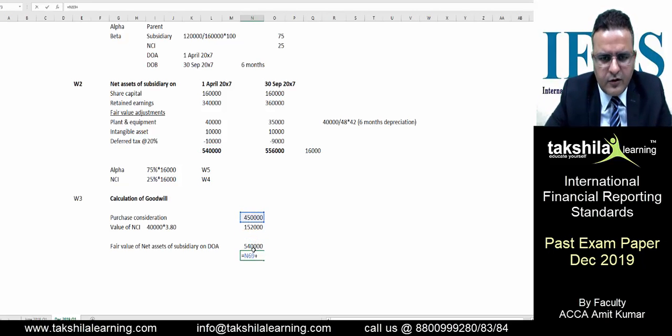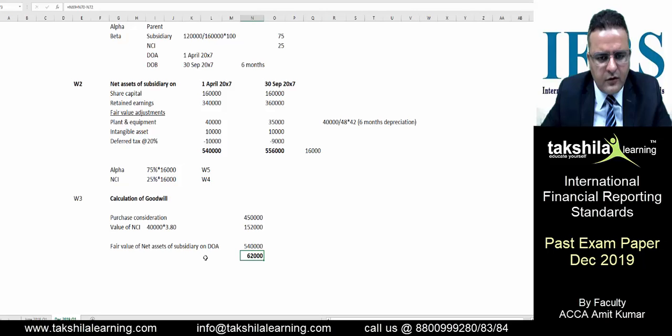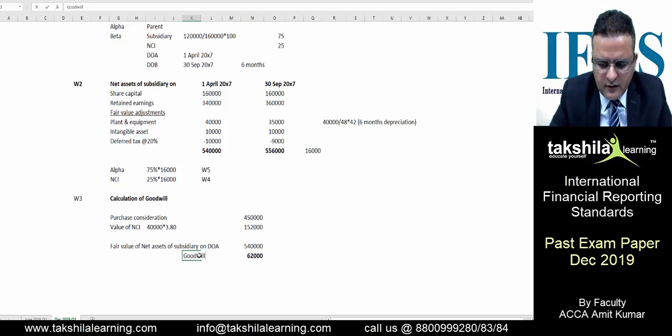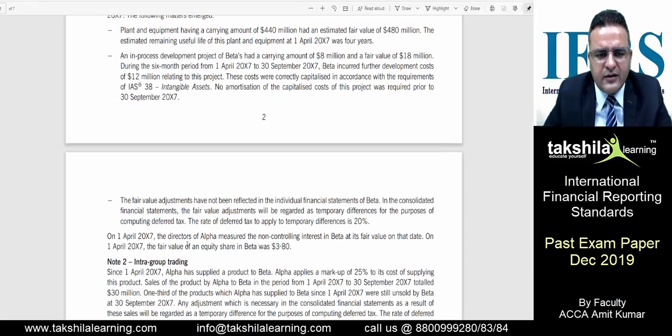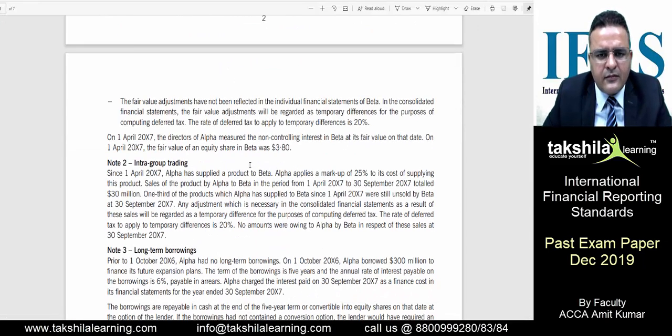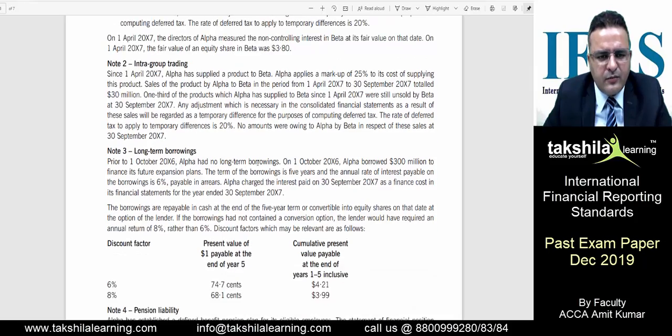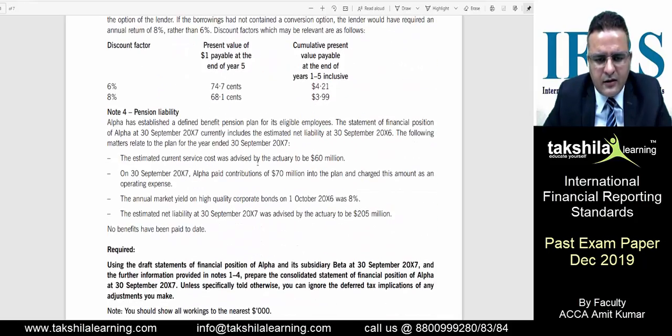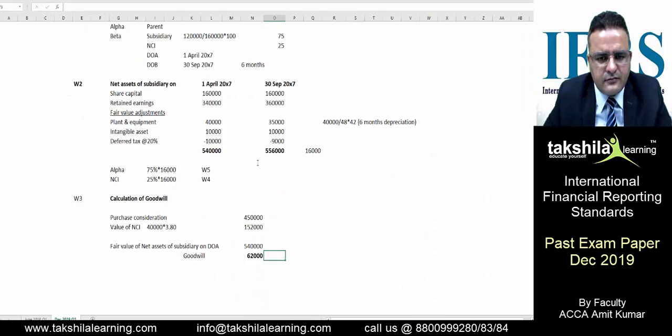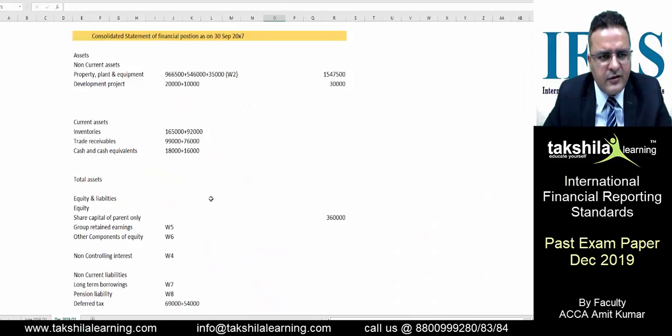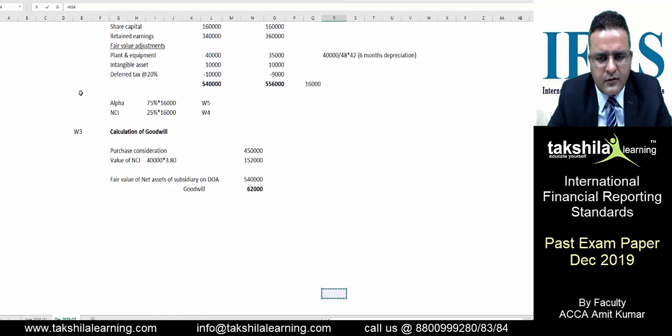So goodwill amount was equal to, and this is known as full goodwill belonging to parent as well as NCI. We'll see if there is any impairment of goodwill. Is there any information relating to impairment of goodwill? There is no information. So this goodwill amount will be presented as part of the balance sheet here. Goodwill, working note number 3, is equal to $62,000.